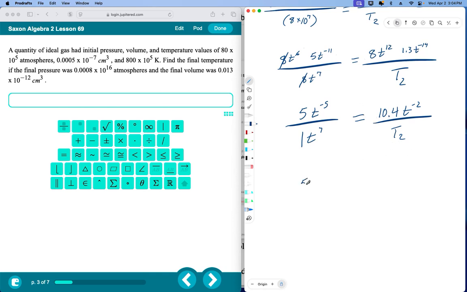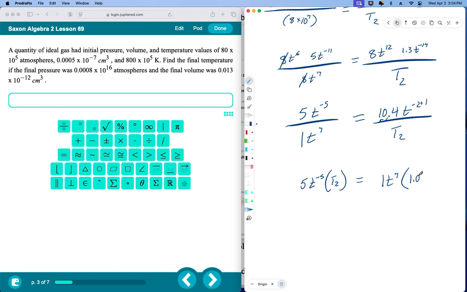So we've got 5t to the negative 5 times the final temperature. And we've got 1t, 1t to the 7th power times, I'm going to change this. We're going to go forward 1 space, so add 1.